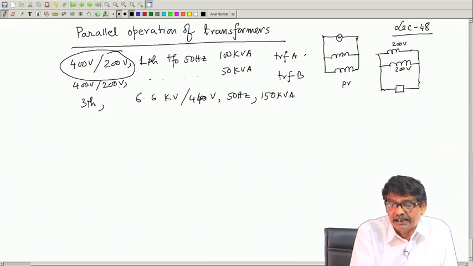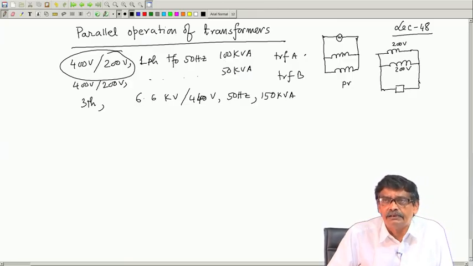So, you must see that when both of them are operating in parallel, the low voltage side of each should not exceed its rated current. That is the only condition individually. For this transformer, its low voltage current rating will be certainly 2 times this. That should not be exceeded, that is the only thing.